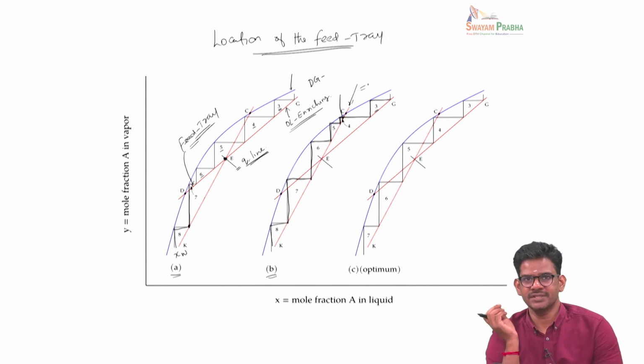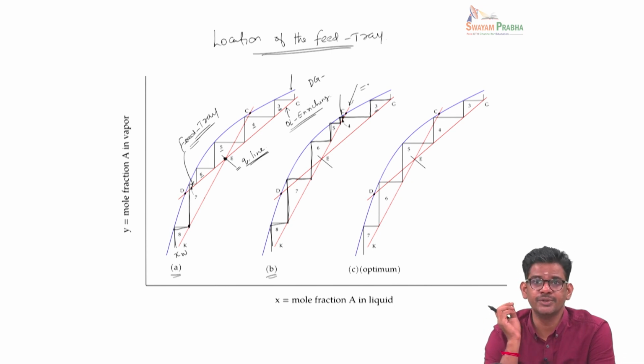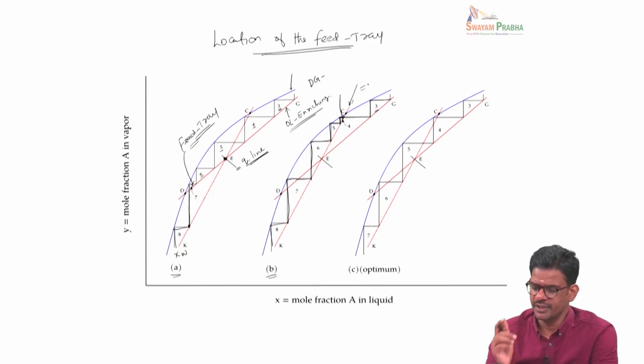But if you ask what is the optimum location to introduce the feed, what we need to do is we construct the staircase diagram, and whenever we cross this intersection point, we take the operating line that gives the largest step size. For instance, let's follow this particular staircase construction.